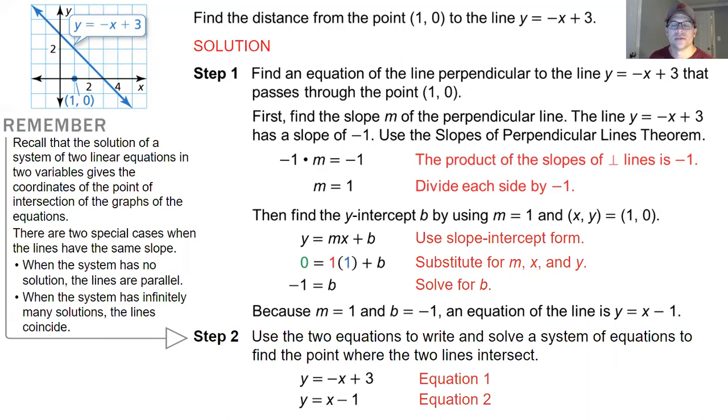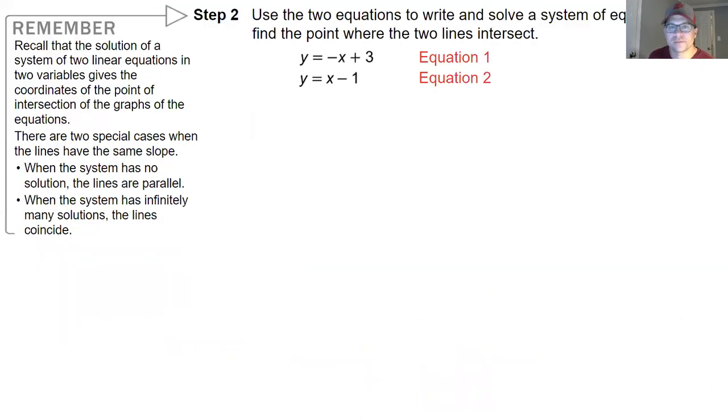So that y equals -x plus 3 is the equation that we were already given in the problem, and the y equals x minus 1 is the new one that we just found. So we're trying to find this coordinate point where the line is going to cross that other line, so that gives us 2 points to use for our distance formula, because we can't use just 1 point to find the distance. We need 2 points to find the distance.